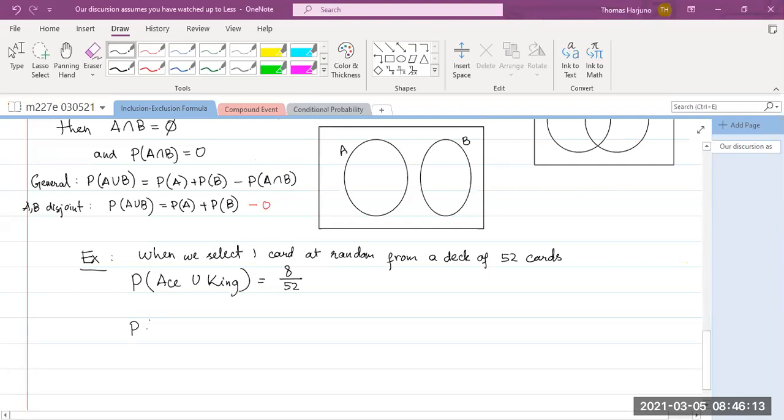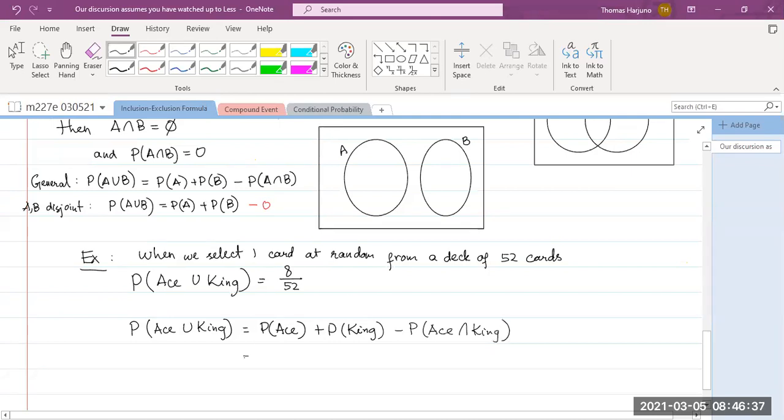But if you think about how we get that number, if we relate that to this formula, that equals the probability of getting an ace plus the probability of getting a king minus the probability of getting an ace and a king at the same time.